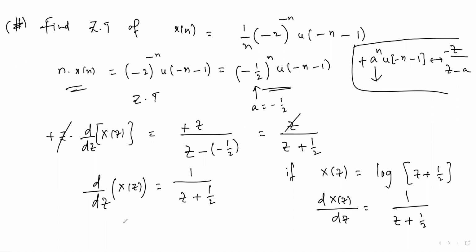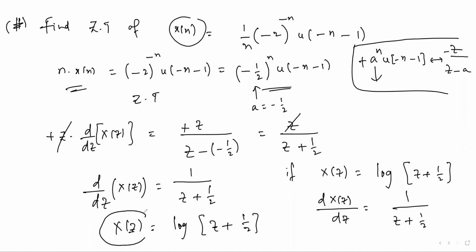That means here, what is x of z? Log of z plus 1 by 2. So the Z transform of x of n, x of z expression, would be this. This is the answer.